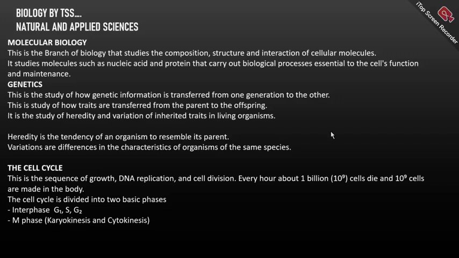We're saying the cell cycle is divided into 2 basic phases. That is the interphase, which is divided into G1, S, and G2. There is also the M phase, which is divided into karyokinesis and cytokinesis.